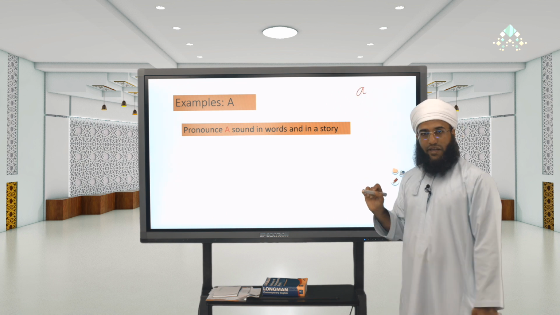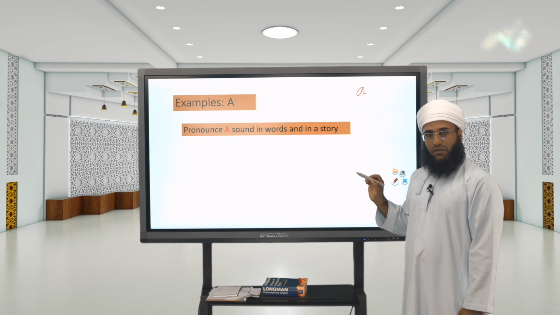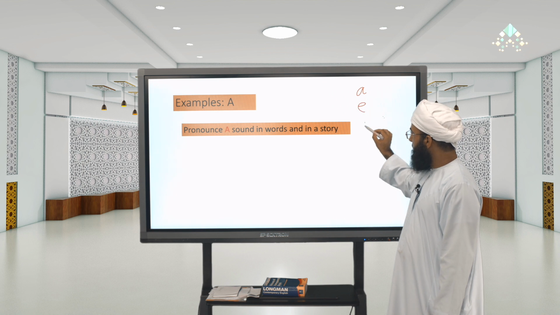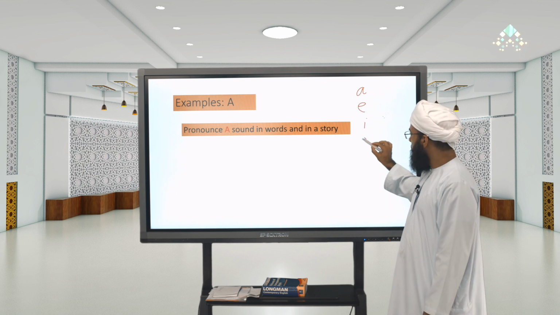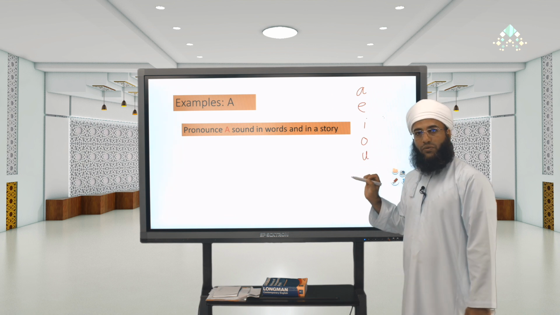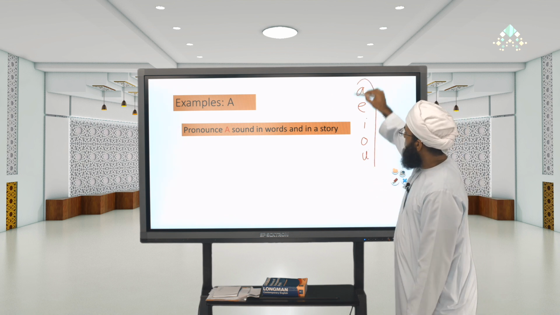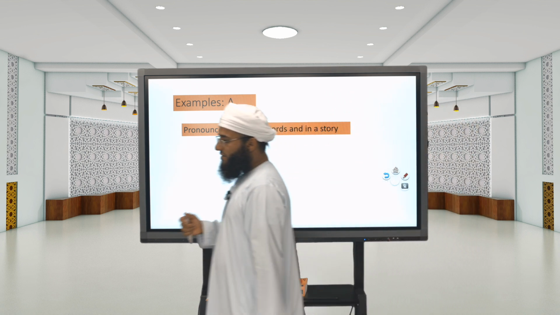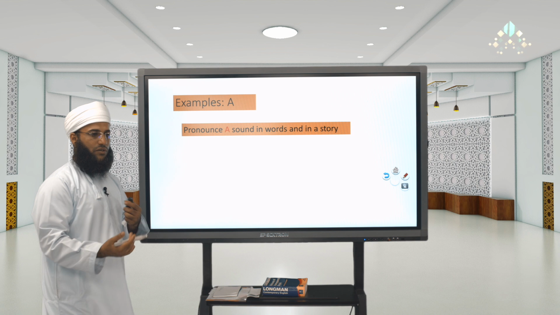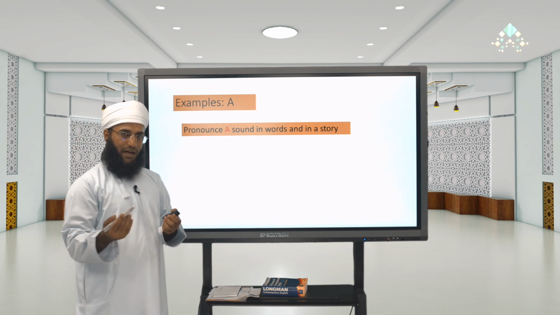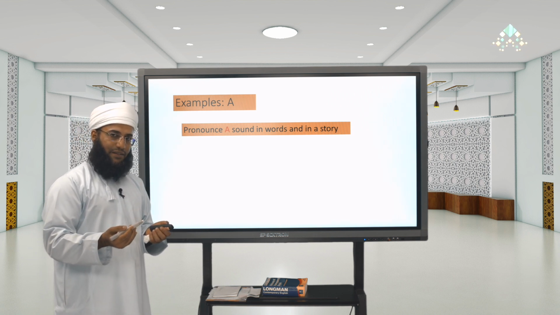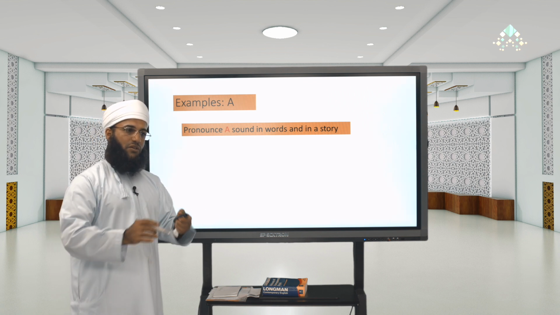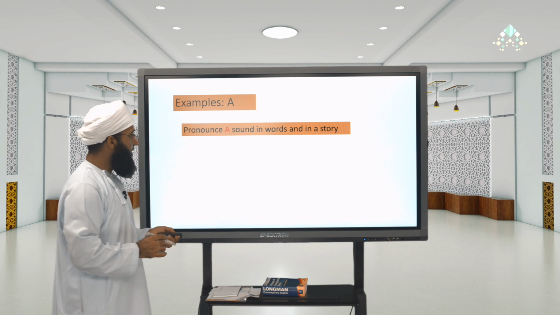This one is not A. I don't mean the letter, the sound. The vowels A, E, I, O, U. These are the pronunciation of vowels. So now let's see more examples for the vowel A. Later on we'll focus on E. Then I'll give you an exercise to practice all.